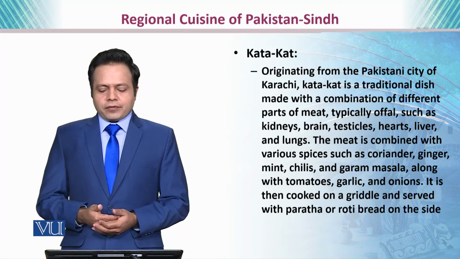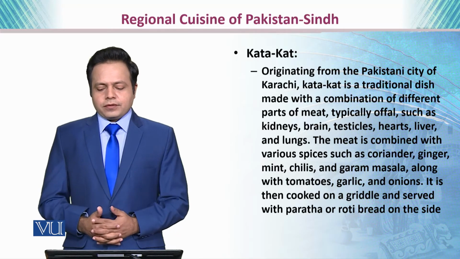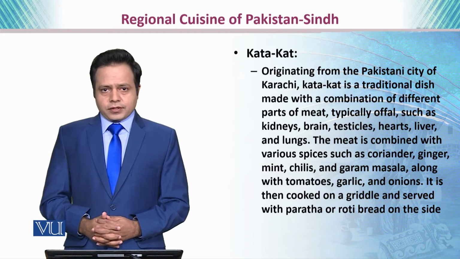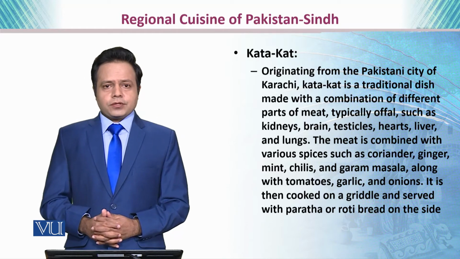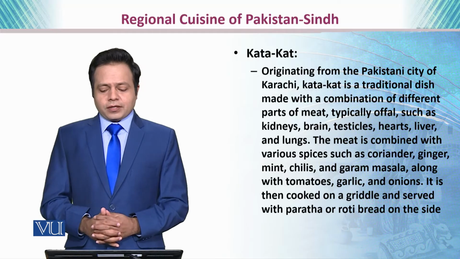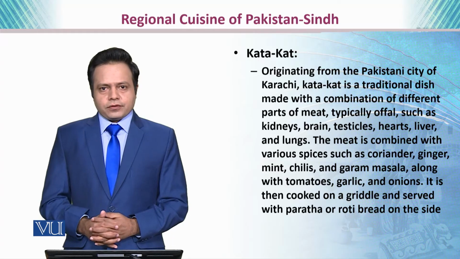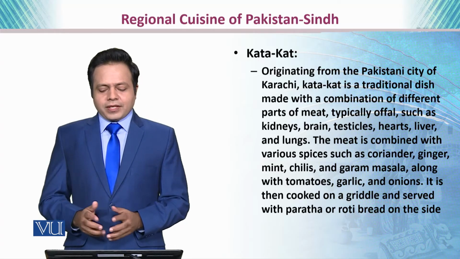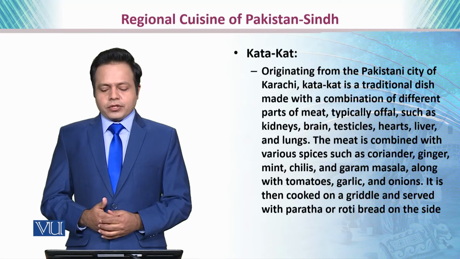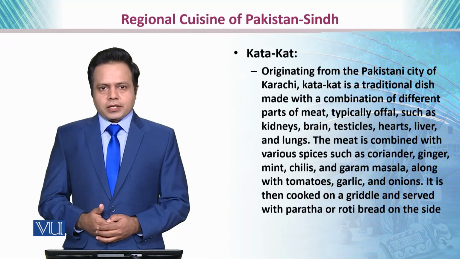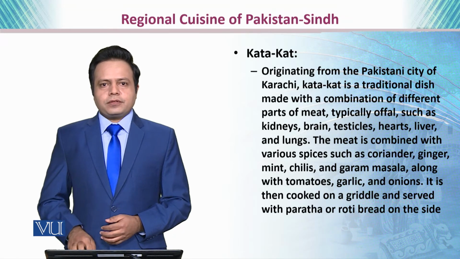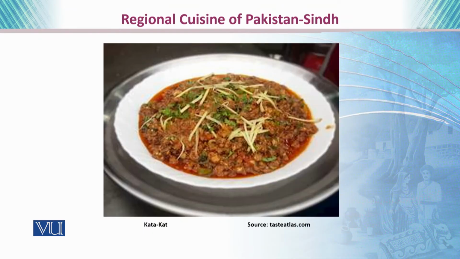The meat is combined with various spices such as coriander, ginger, mint, chilies, garam masala, along with tomatoes, garlic, masala, and onions. It is then cooked on the griddle and served with paratha and roti bread on the side. Here you will find the typical dish after prepared, the katakat.